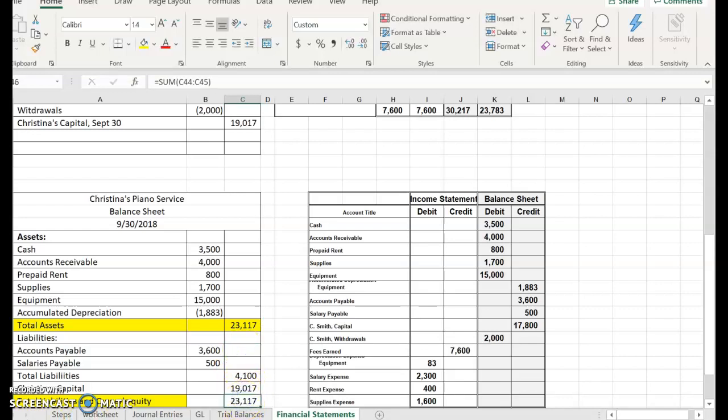And we do. Now here you see capital and equity. You could put total liability plus capital here, but you see that these equal. So because my total assets equals my total liabilities plus capital, then that means my balance sheet is in balance. So I have completed preparing my financial statements.